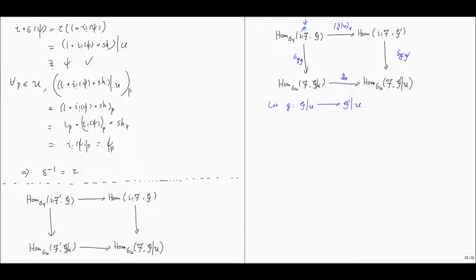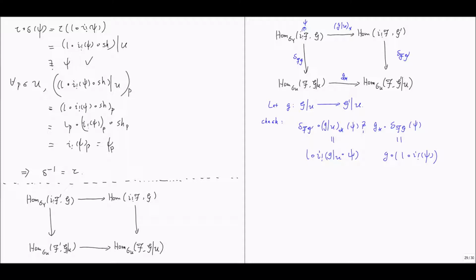The equation we want to verify is this. The left-hand side, so this is a composition on the left, and delta acting on this gives us, by definition, iota composed with a shriek of this guy. And the right-hand side will be g composed with iota composed with a shriek of psi.